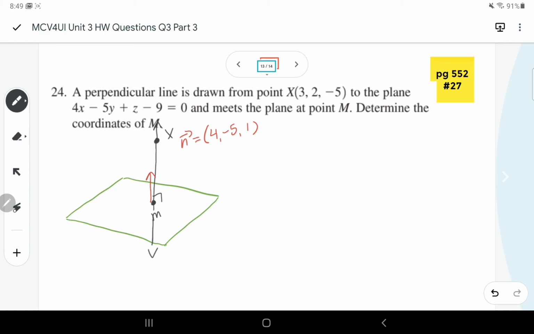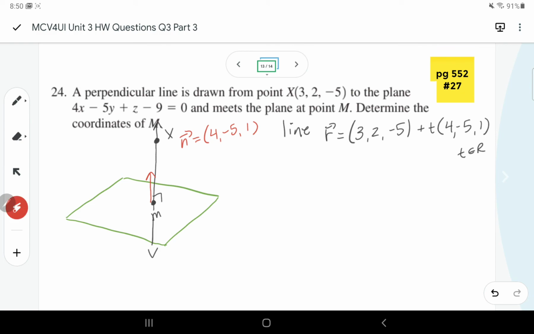The equation of the line: we have a point and we have a direction vector, because the direction vector of this perpendicular line is just the normal of the plane. So the line is r equals the point, my given position vector, plus a scalar multiple of the direction vector given by the normal of the plane.